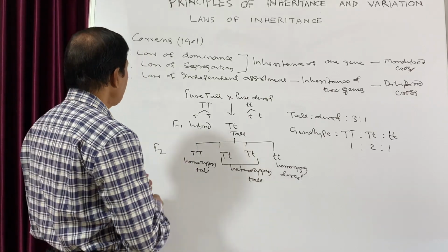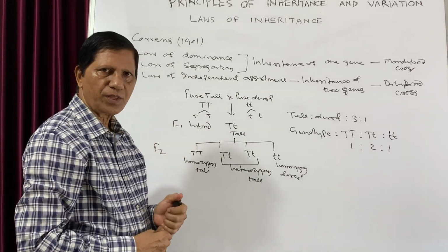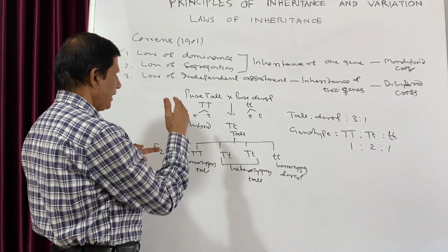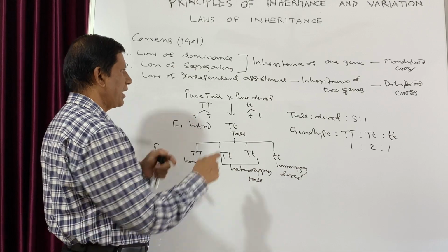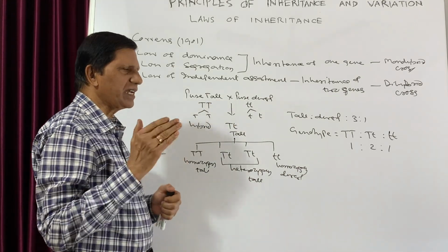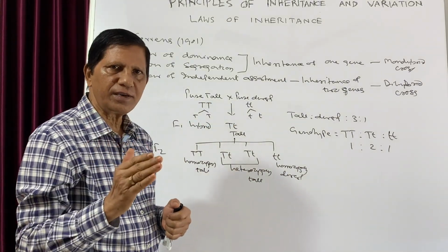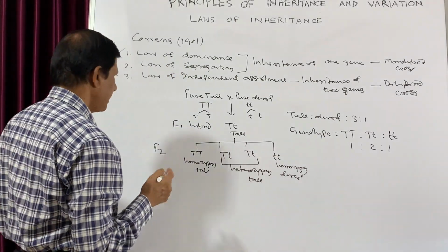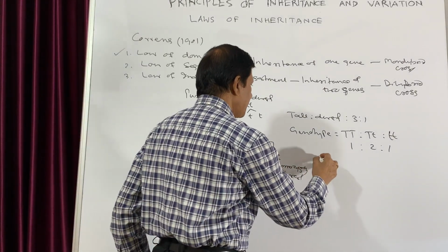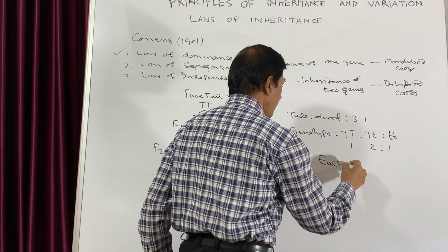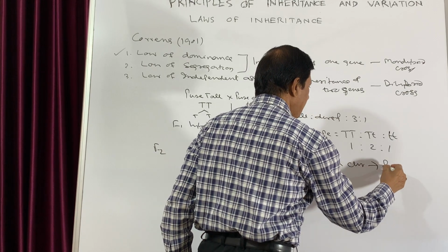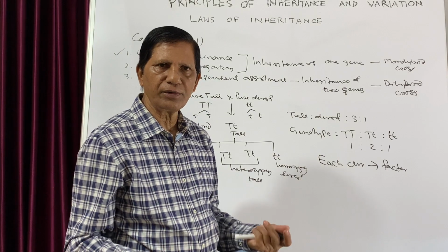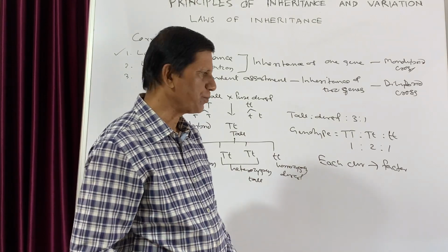Now what is the meaning of this law of dominance? Suppose this is the tall character and this is the dwarf character. Each character is represented by a factor according to Mendel, and the factor of Mendel is nowadays known as gene.